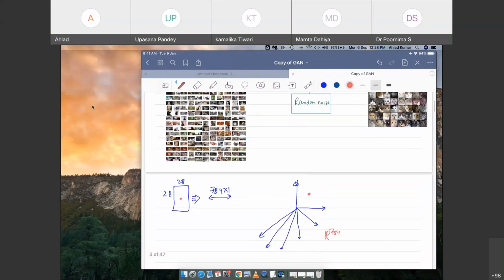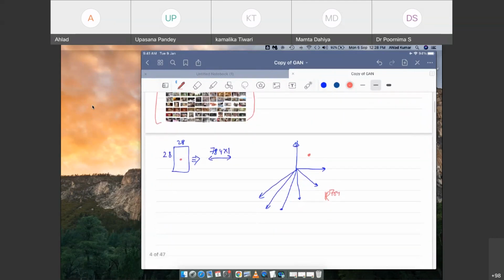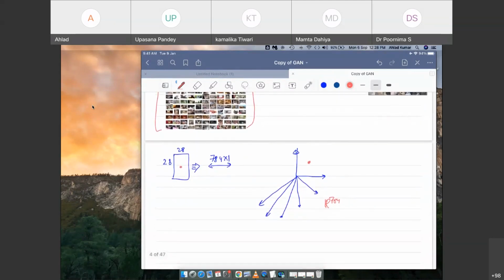If we collect all the images in the training data set and represent them as points, then because they are cat images, they will cluster together, all close somewhere in this higher dimensional space.